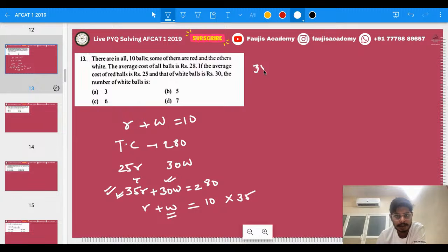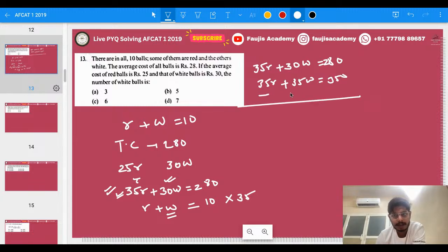So how will this equation change? 35R plus 30W is equal to 280, then 35R plus 35W is equal to 350, right? This is minus, this is minus, this is minus. Minus 5W is equal to minus 70.